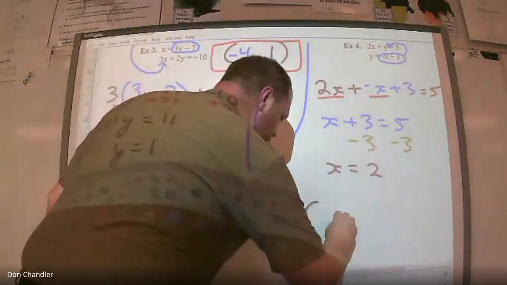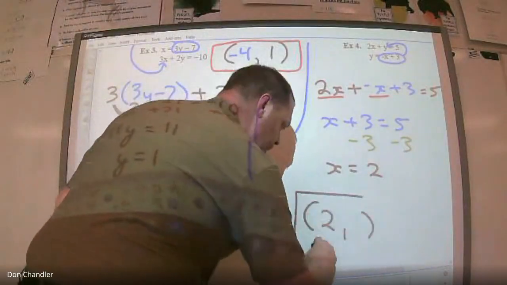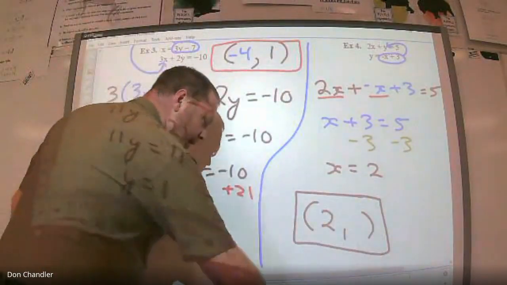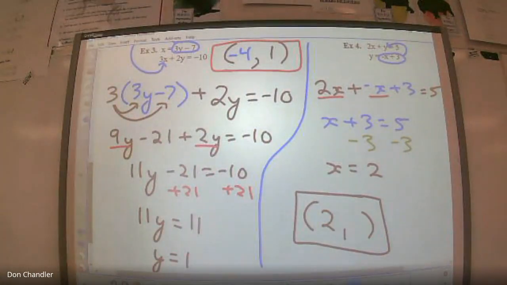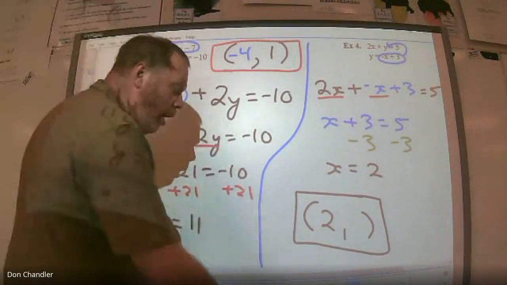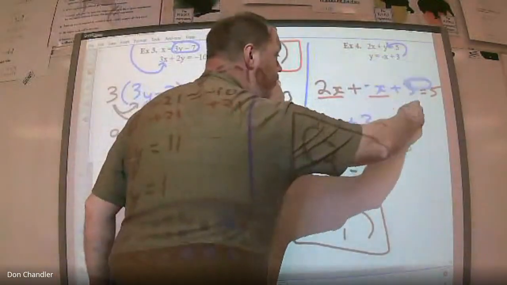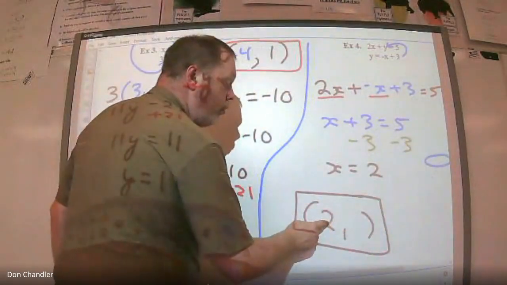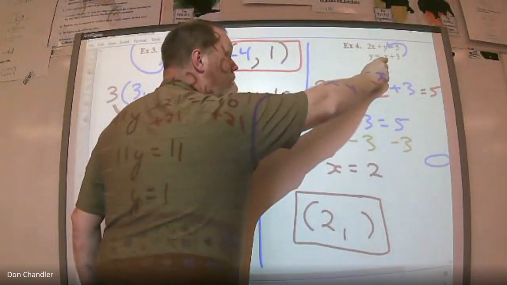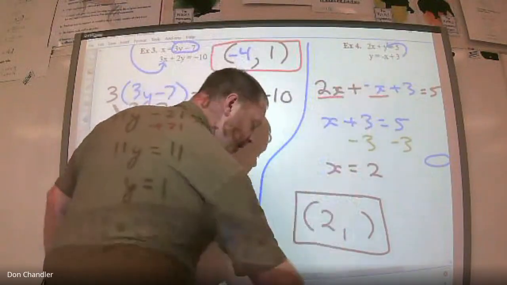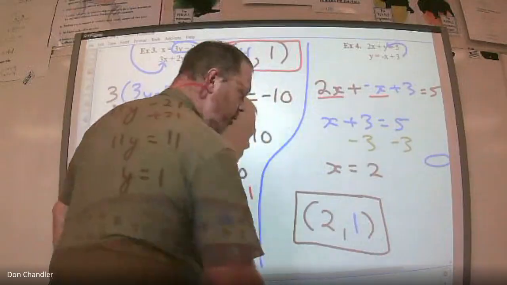I believe the solution to this system is 2 comma something. Okay, well, now all I do is go and put this x is 2 back into the equation. Negative 2 plus 3, I think, is 1.